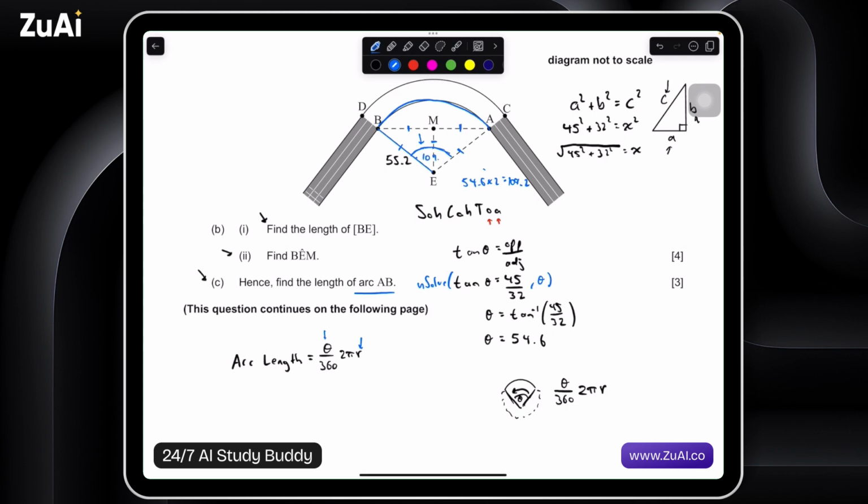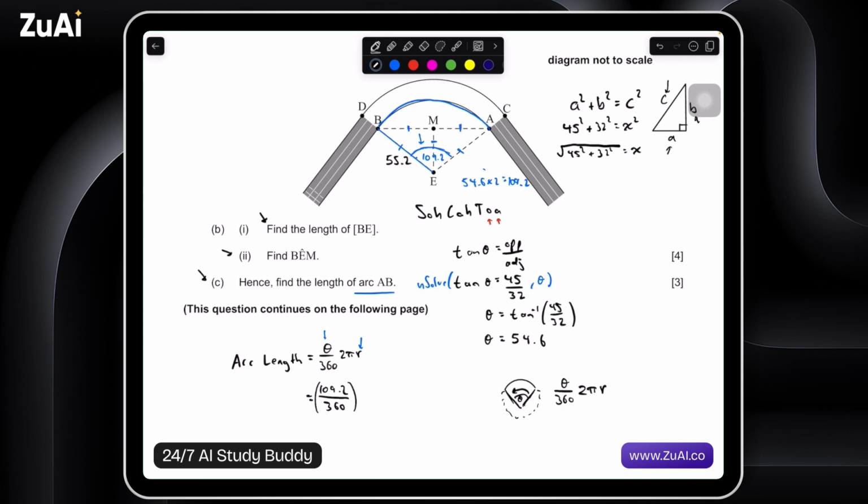So this whole angle that we sweep through is 109.2. So we've got 109.2 over 360. That's the portion of our circumference that we're dealing with.